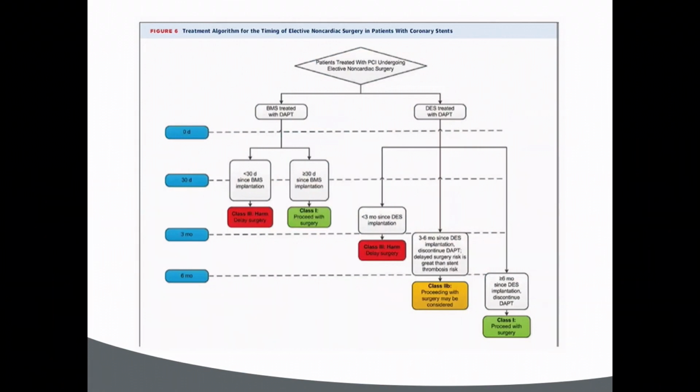And of course, if someone ever needs urgent or emergent surgery in a life-threatening situation, obviously then the patient needs to go straight to the operating room per the ACC/AHA guidelines, and then we'll have to manage closely their coronary situation as well, and make sure that they don't have any post-procedural outcomes. But of course, we don't want them to die from whatever's going on. So you always have to weigh risks and benefits.